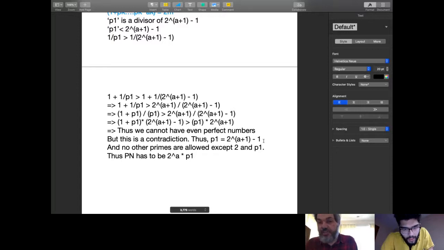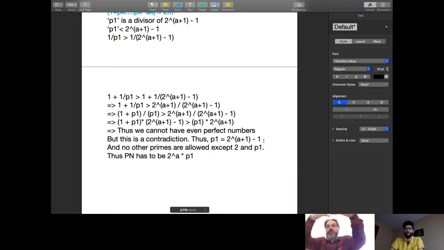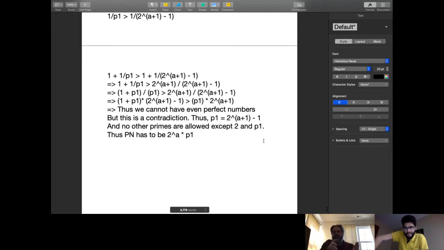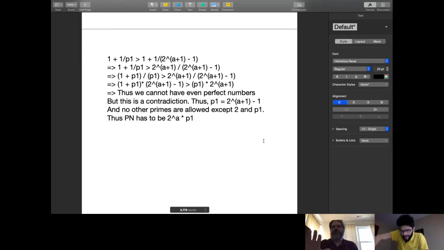Just P1 alone. There are no other powers. That number had to be a prime and had to be equal to P1. Otherwise, if you get a P1 cubed, then the first blue row will have just a P1 cubed, but the other blue row will have 1 plus P1 plus P1 squared plus P1 cubed, which will be larger. So the only option is when P1 appears once. So our number is exactly like that.